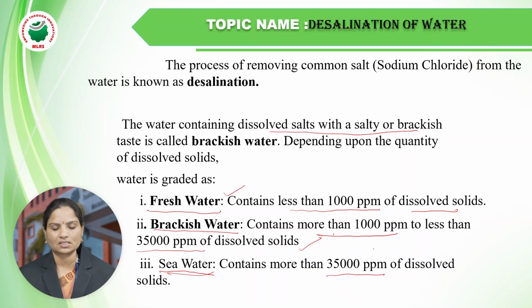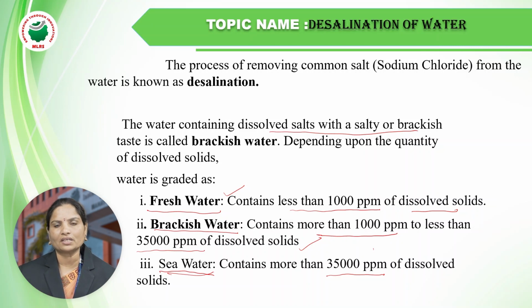We can use these different types of water, like fresh water and sea water, for removing salt. So this is one kind of desalination method. In desalination, the reverse osmosis process is there, and electrodialysis is also there.